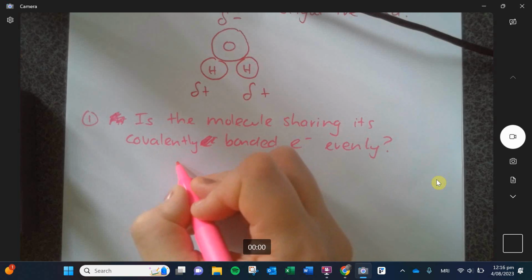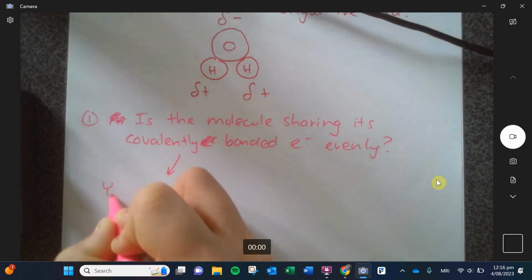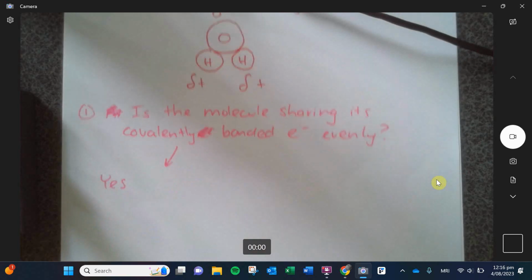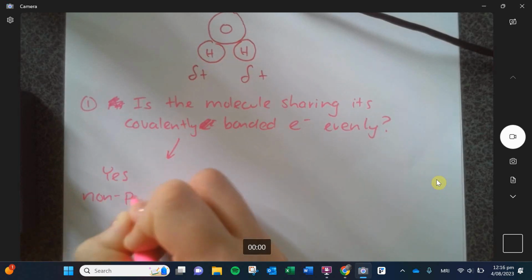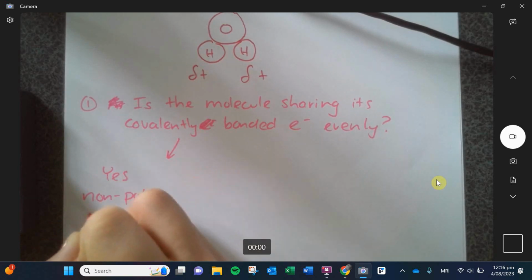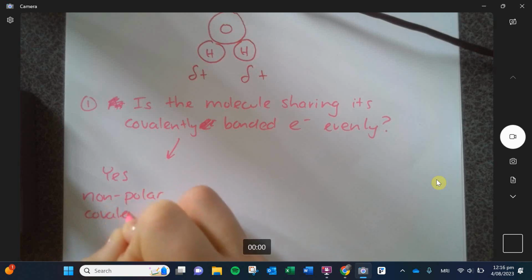If my answer is yes, then what I have is a nonpolar covalent bond.